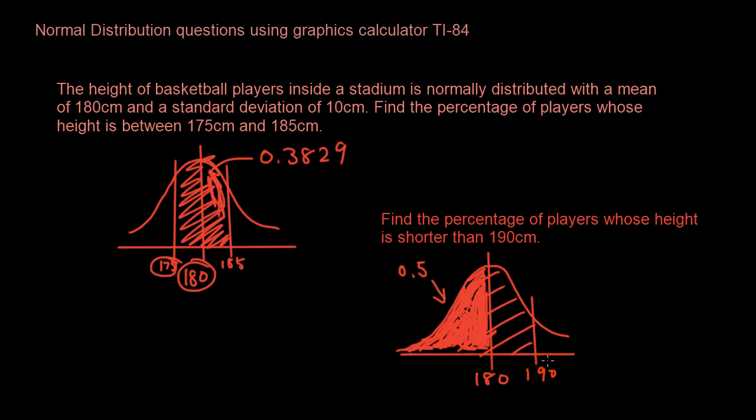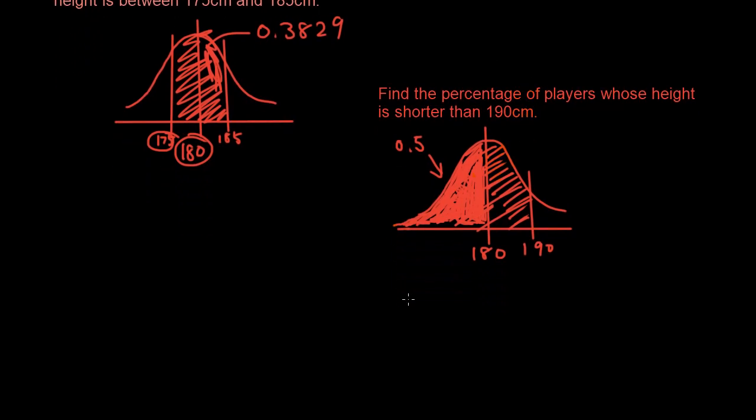So we're simply going to find the area between 180 and 190, which is this bit here, and then we'll add 0.5 to it. So we're going to find the probability of x being between 180 and 190, and the answer is on your calculator.